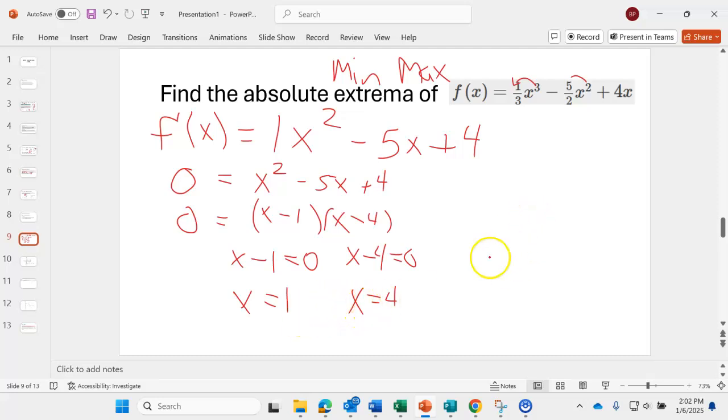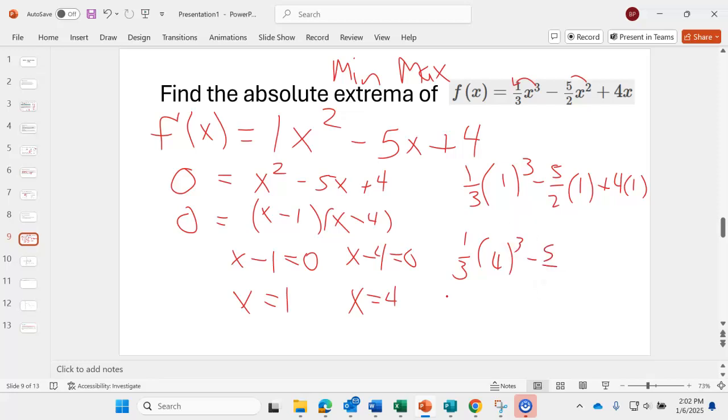We do need to find the y values here, though. To do that, we're just going to plug in those numbers. Everywhere we see an x, we'll plug the 1 back into the original function, because I want to see where the original function was. And we're going to plug in a 4 as well.